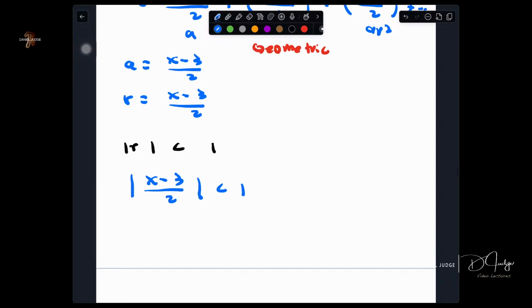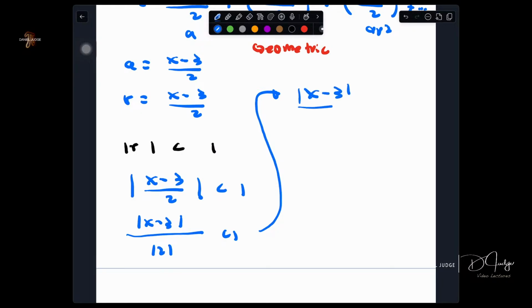All right, properties now. The absolute value of x minus 3 over 2 needs to be smaller than 1. I can solve for the absolute value by multiplying both sides by 2, and then 2 times 1 is 2.